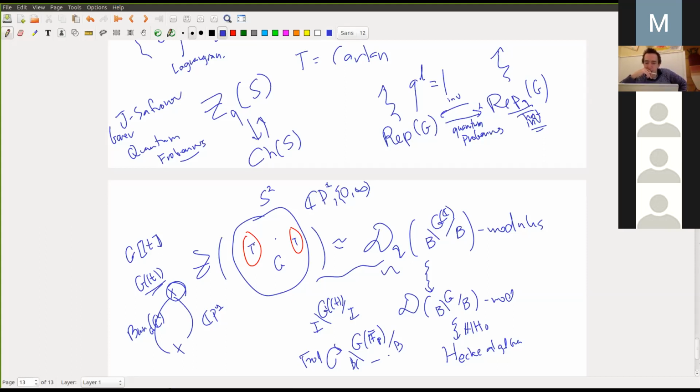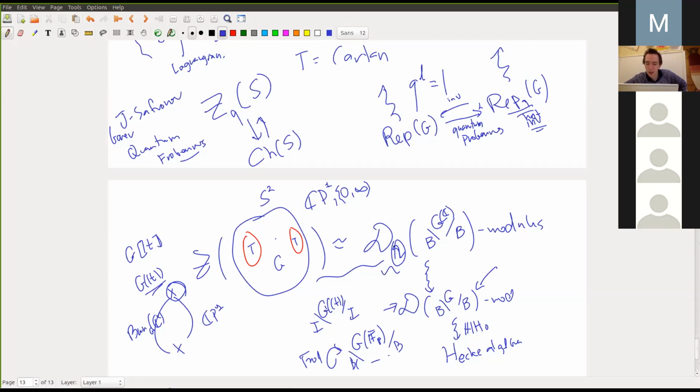Am I wrong? I think I'm wrong. I'm not sure. Doesn't this coset space have some natural correspondences? This one does, coming from some geometry. When you have this Q here, you kind of lose the geometry because this is just defined as some formal deformation quantization of this guy.